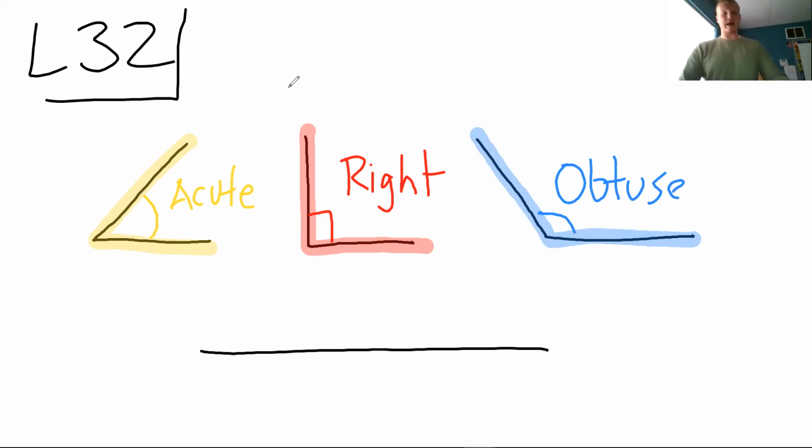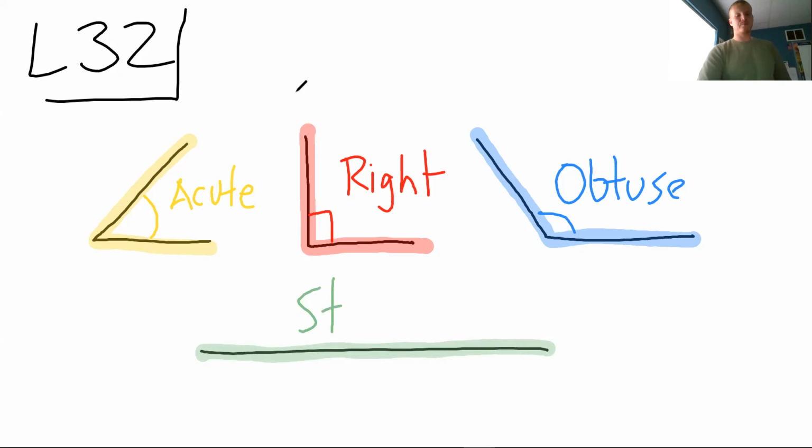And then the last one, Evan, what's that last one called? The one I'm highlighting in green at this very moment. Just that flat line. What is that called, Evan? This one right here is called a straight angle.